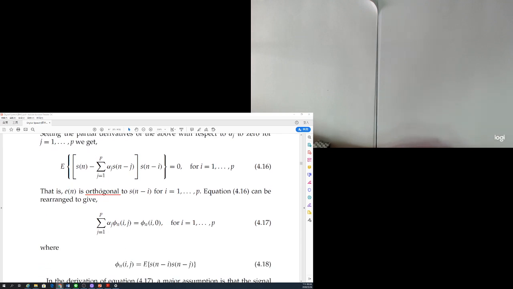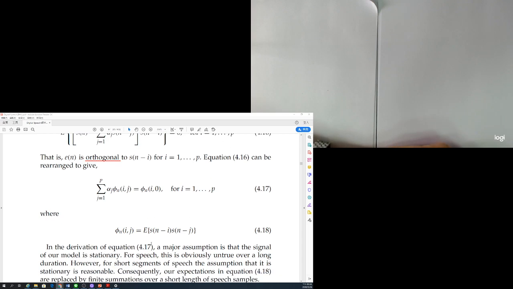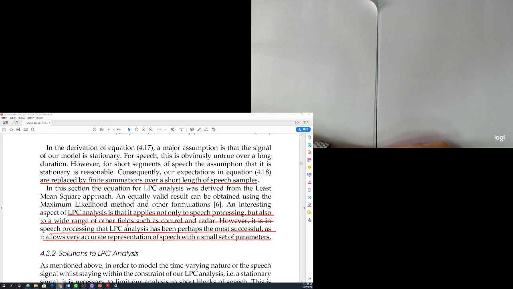So finally we come out with this kind of equation. After we get this equation, you can see what we have.